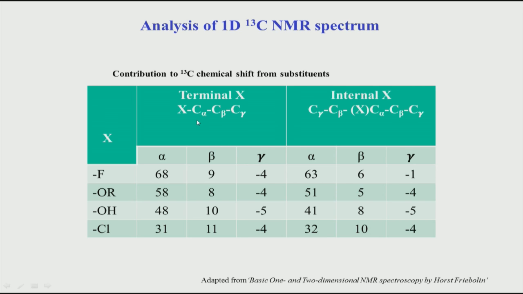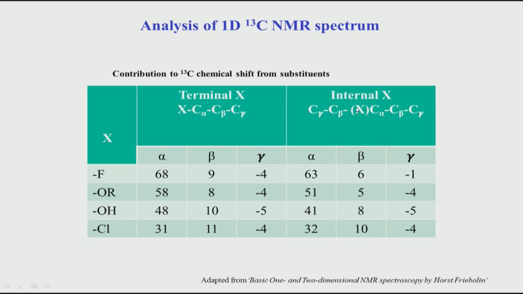The base value was shown in the previous slide, and this is now the slide containing the contribution values, which both have to be combined. Similarly, if you have an OH group substituent at this position, you have to add 48 ppm to the base value. For C beta, for an OH present here, you have to add 10 ppm to the base value. So, like this you can do it.